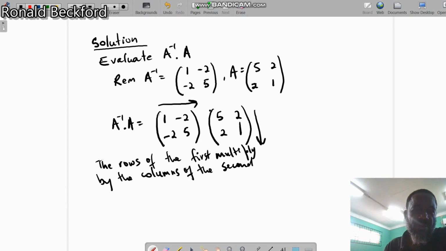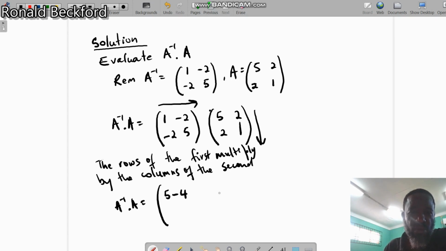So therefore A inverse times A is going to be equal to 1 times 5. So first row, first column, 1 times 5 will give us 5, and negative 2 times 2 will give us negative 4. And for the second element, it's going to be first row again with second column.